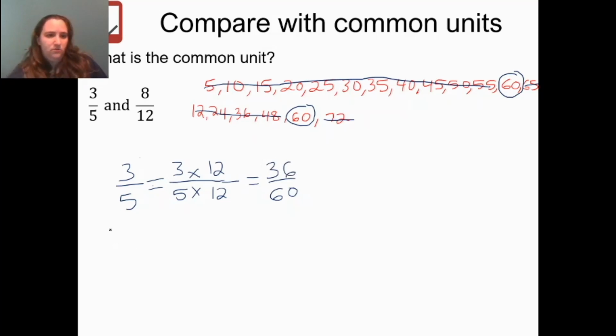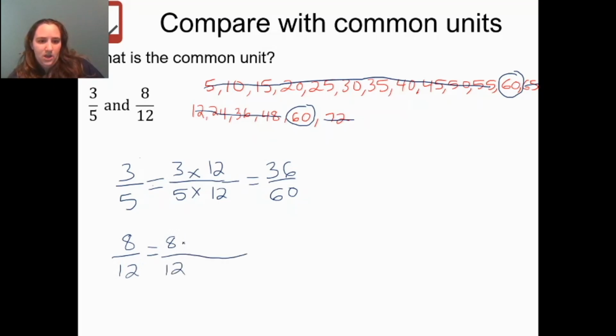And then we're going to do 8/12. So we have 8/12. And we're going to have to multiply each side by 5. Because, again, that will give us our new denominator, which is 60. So 12 times 5 equals 60. And then we have to do 8 times 5, because what you do to one side, you must do to the other. So 8 times 5 will give us 40.